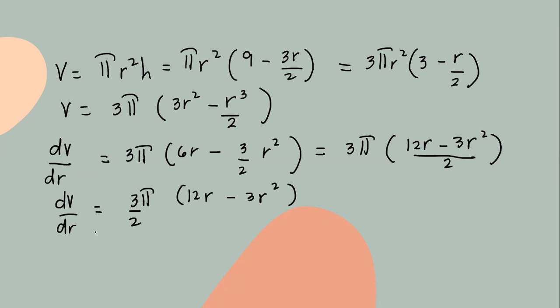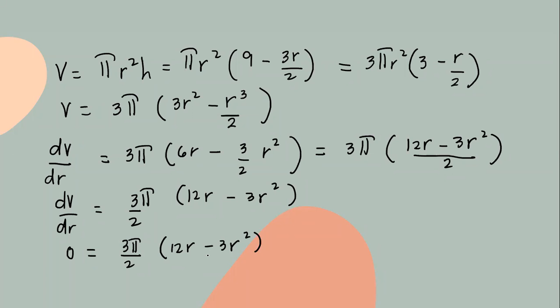To get the maximum and minimum values, set your dV over dr equal to 0. 0 is equal to 3 pi over 2 times 12r minus 3r squared. What would be the values of your r using this equation? Anyone? What would be the value of your r?